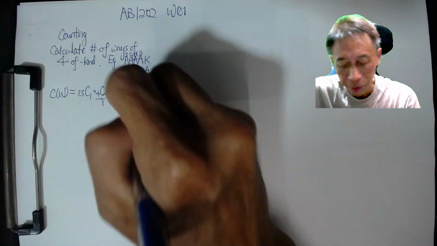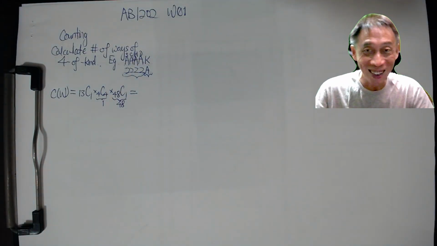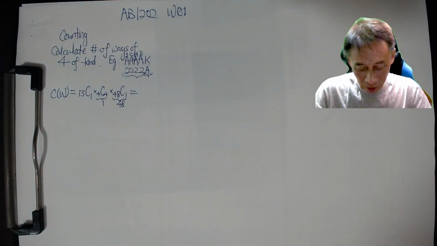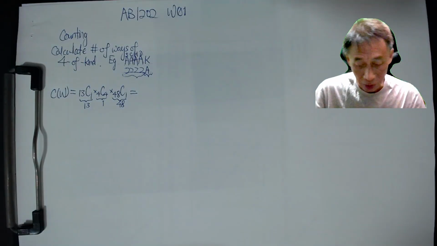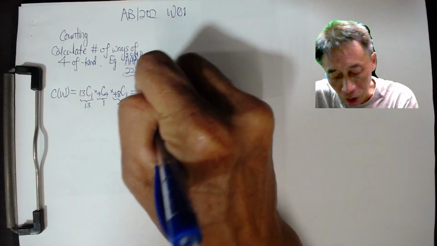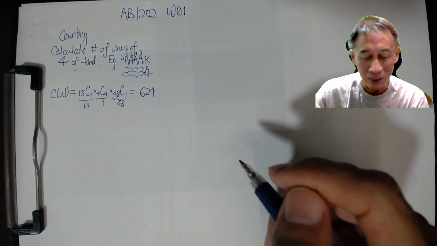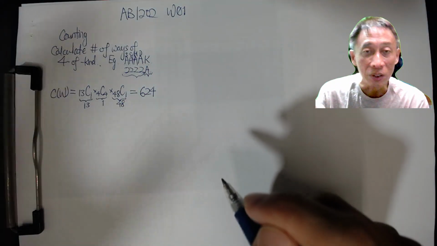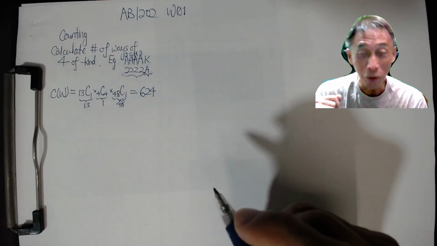With a little bit of calculator or R, 13C1, 13 choose 1, is 13. So we have 13 times 1 times 48, which is 624. So we are getting 624 standardized listings of four of a kind.